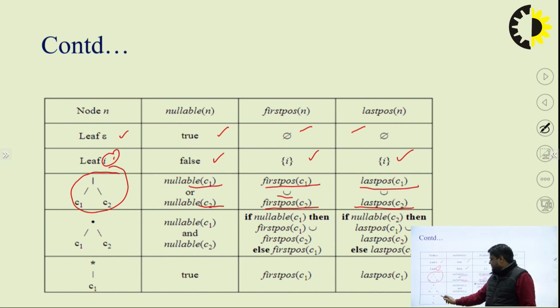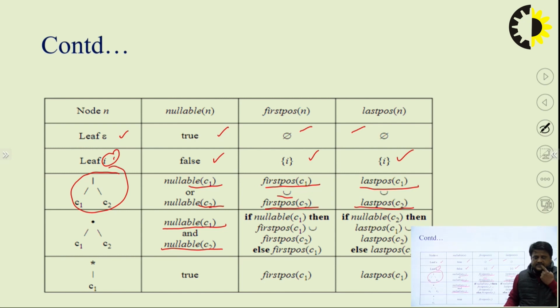Similarly, for the concatenation, nullable will be dependent on the nullability of both children. If both children are nullable, then you can say the result is nullable. So you take the AND operation over here. The first position will be dependent on the nullability of C1. If C1 is nullable, then you take the union of the first positions of both children.